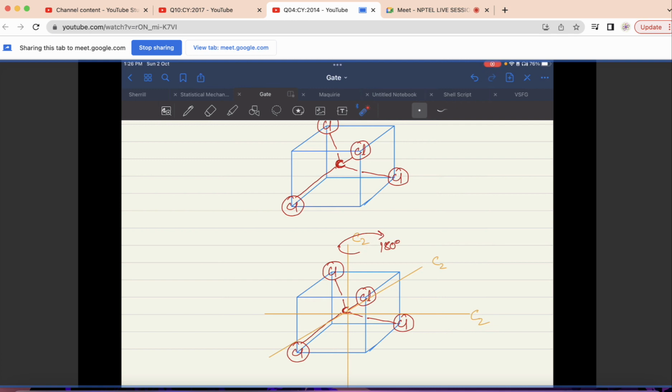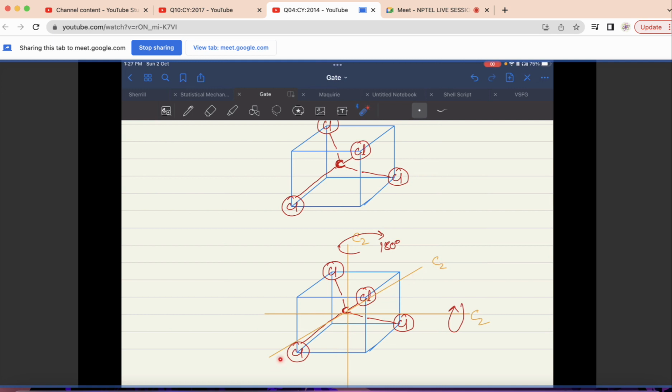So this is one axis C2, I will count, and the next one is the one here. Okay, so this is again C2 doing a 180 degree rotation. If I am rotating it like this, for example, this Cl will move here, and this will move here, and this will come back here. So this will again be an indistinguishable structure for C2, and the last axis is here.